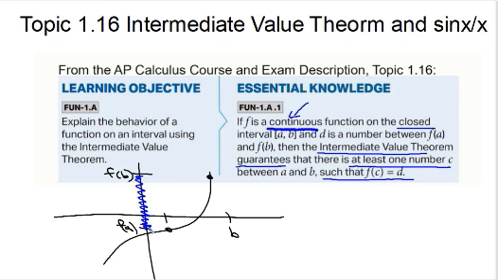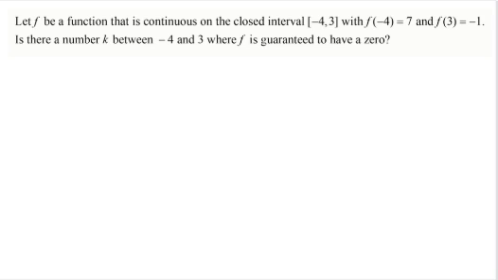And of course, one very important one is the value 0. So somewhere between a and b there has to be a c where f of c equals that value, wherever it is. That's the intermediate value theorem.